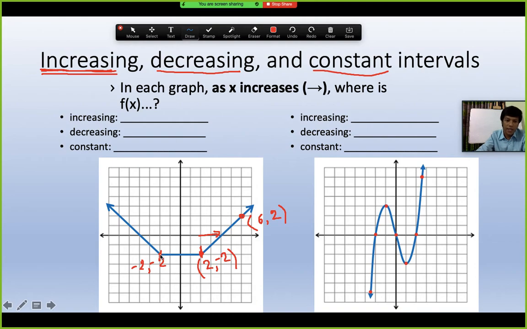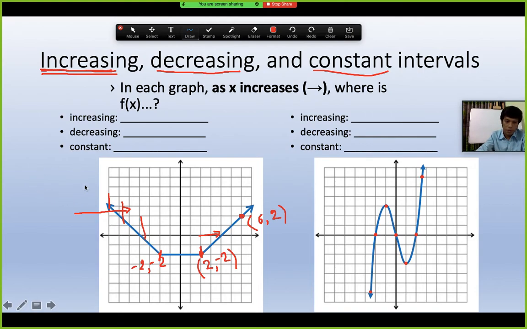Now you may say, sir, this is also increasing. It looks like it is going up. But actually this is not increasing, because we always look from left side to right side. If you start here and move to the right, the graph is actually going down.